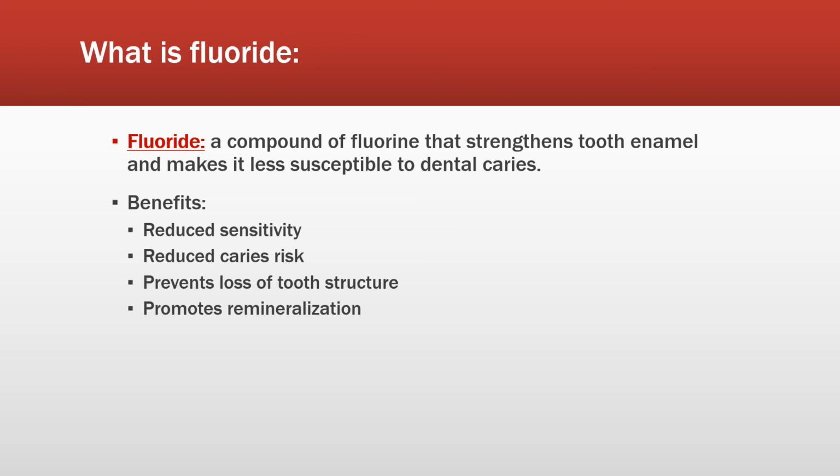So fluoride is a compound of fluorine that strengthens tooth enamel and makes it less susceptible to dental caries. The benefits of fluoride are reduced sensitivity, reduced caries risk, and prevents loss of tooth structure, and it also promotes remineralization.